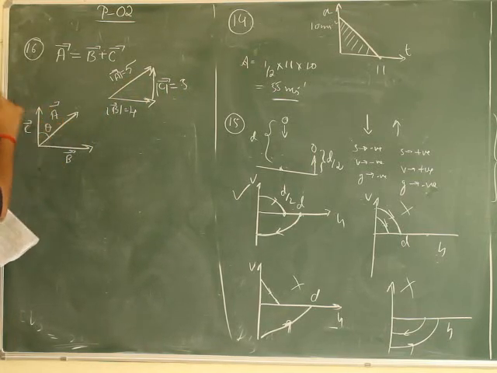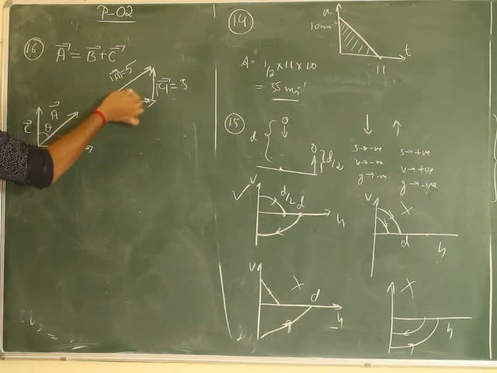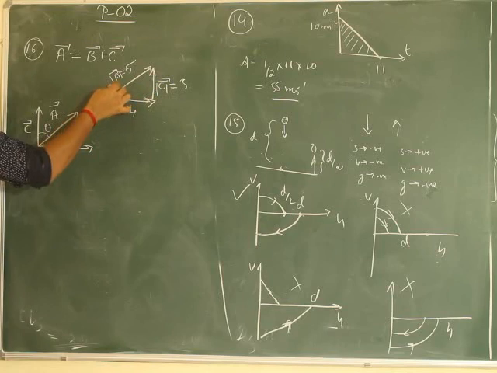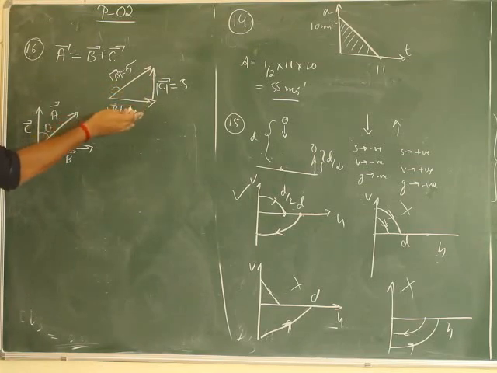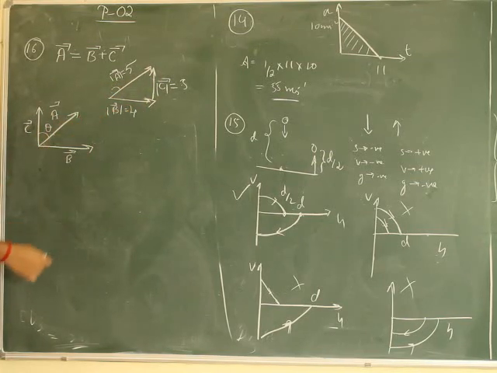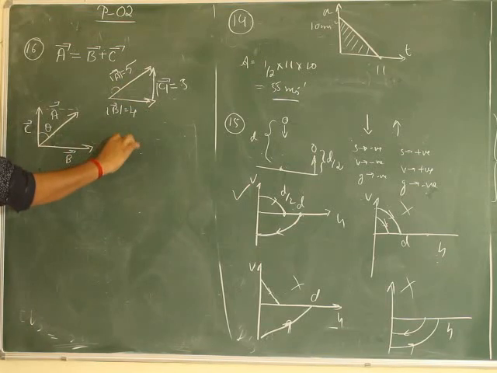I will take theta. Hope it's clear for you people. With the C, how much angle it is, because I want this angle. That is why I have taken it like this. You can also go for the other one, but the substitution will become slightly different. Now I will go for this particular set. So here you can see this particular vector, and this can be drawn like this.